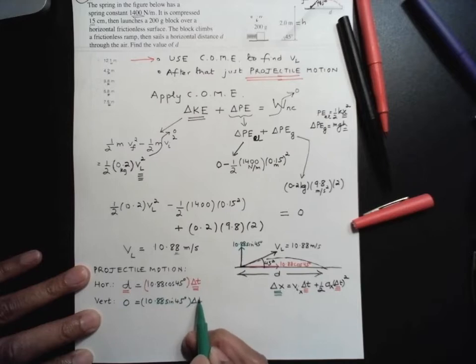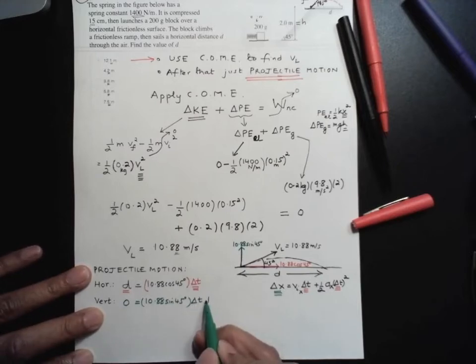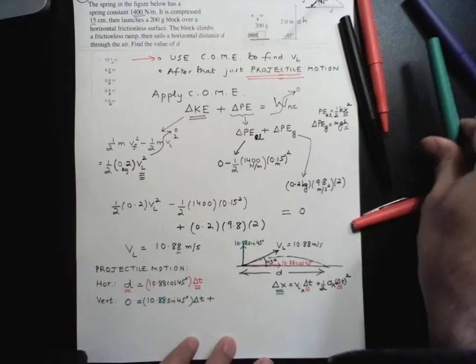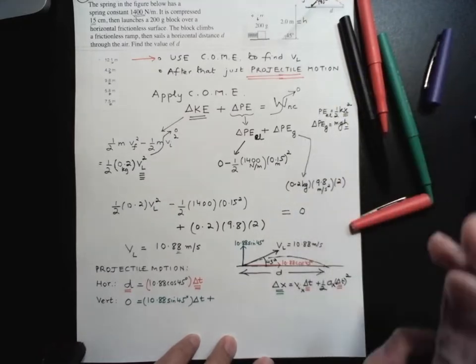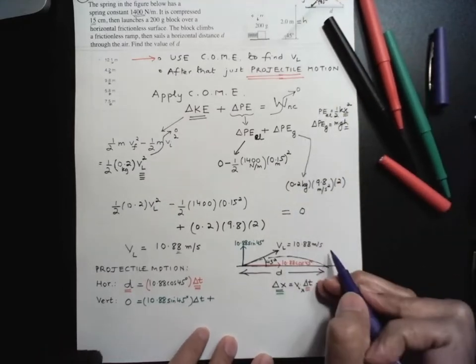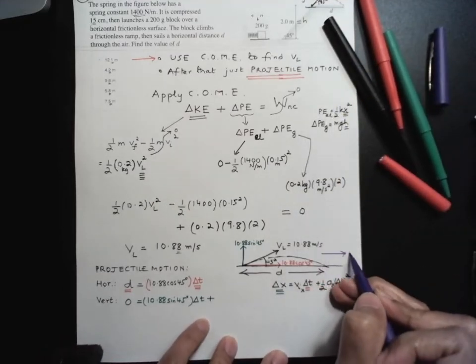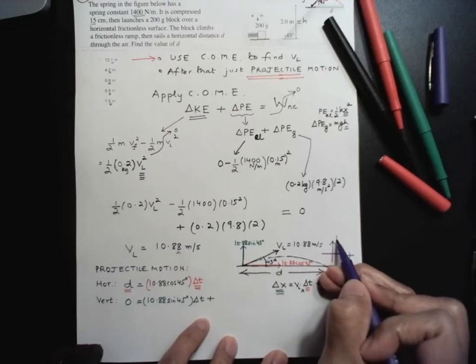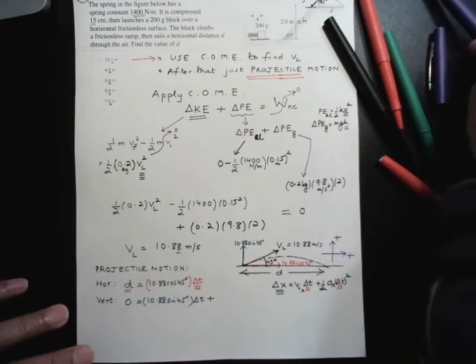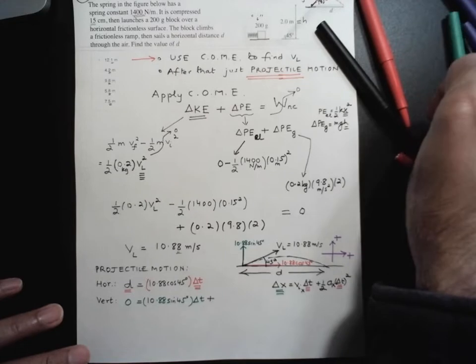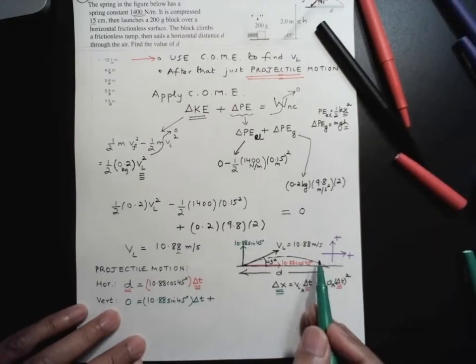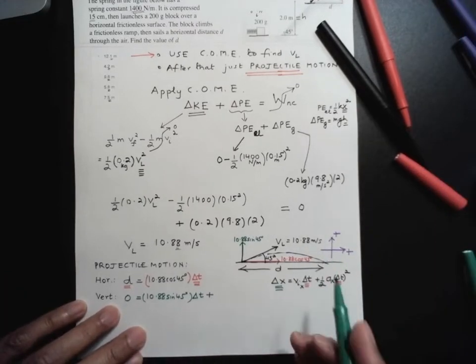delta t, right? Plus, and in kinematics, I always like to indicate what my positive directions are. So I always draw this in. You could have chosen any direction to be positive, but I like to indicate that when I work problems out, just so that it's clear.